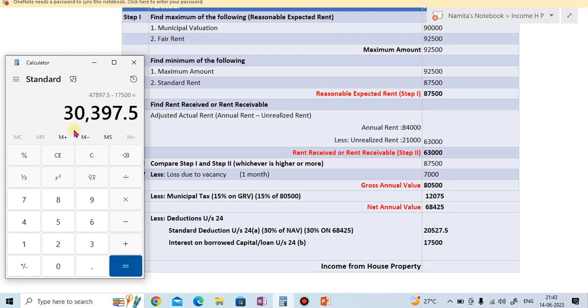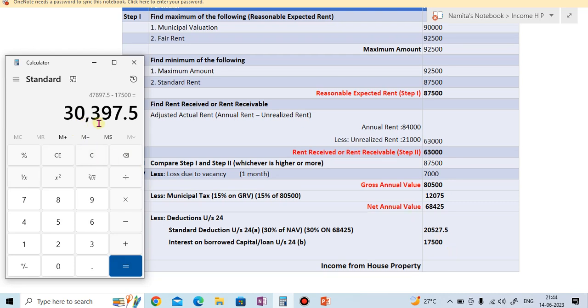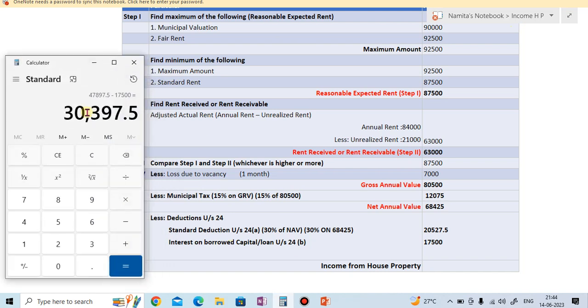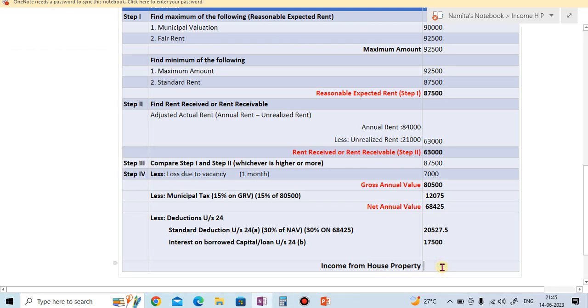Total we get 30,397.5. So 30,397.5 is the total taxable amount for income from house property. So this is our income from house property.